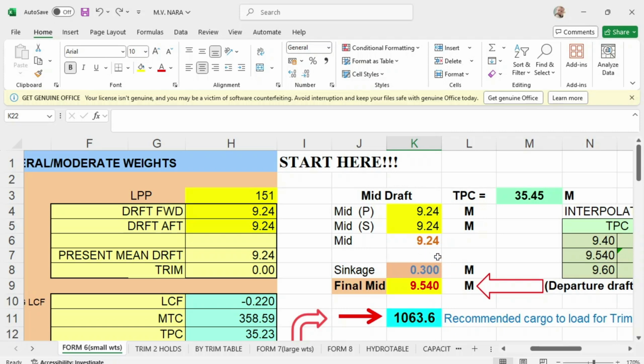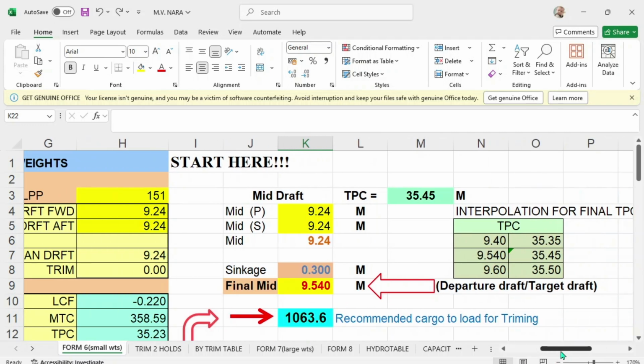Then you have a sinkage of 30 centimeters. Okay. So from this final departure drop, you interpolate the TPC. The TPC of 9.54 is this one. So you get the interpolation, and the value will be 35.45, which is this one.